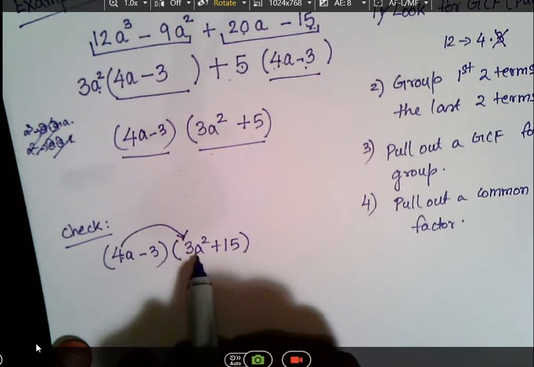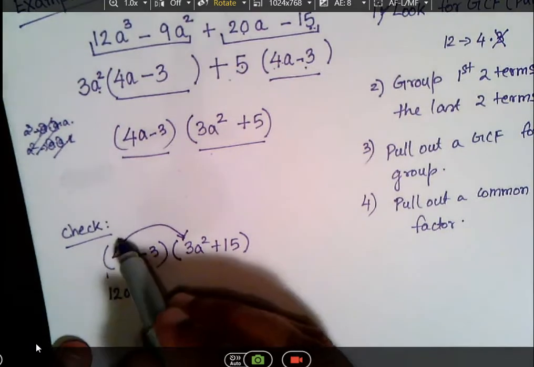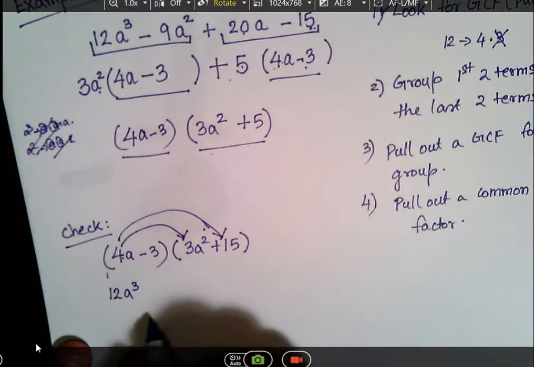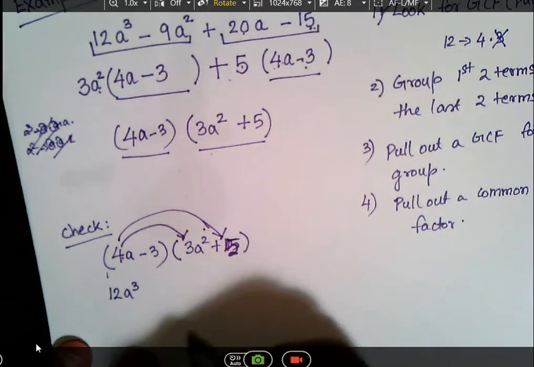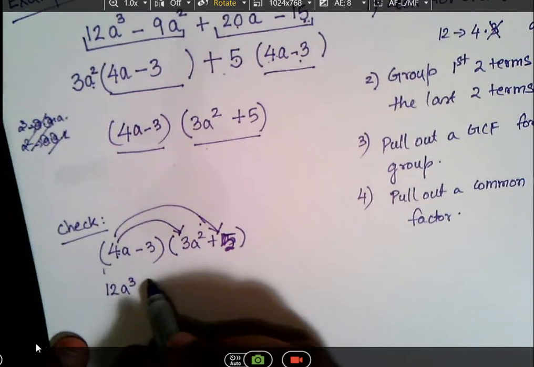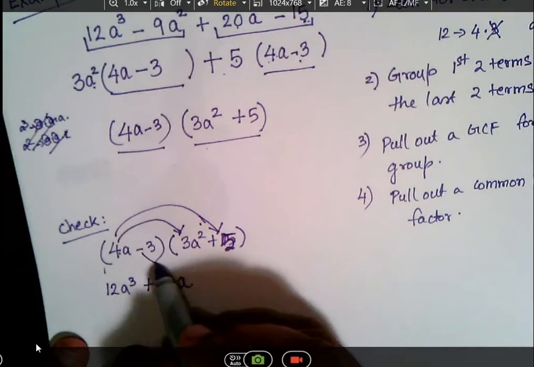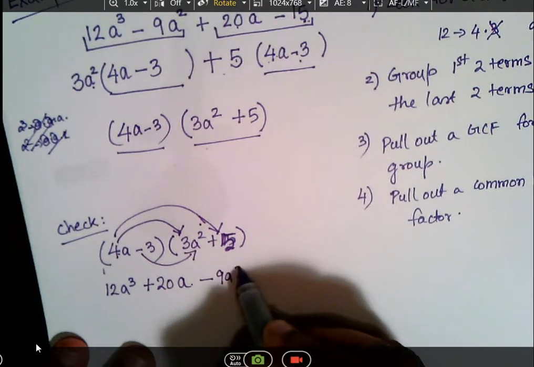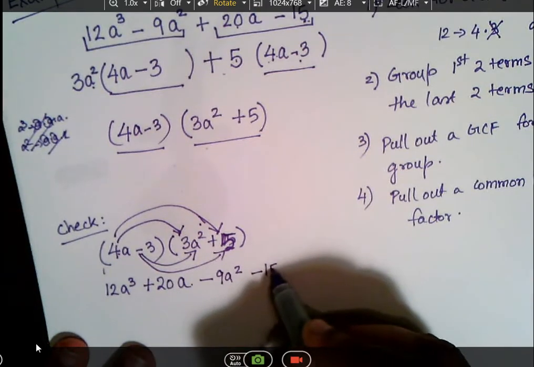4a times 3a squared is a 12a cubed. 4a times 15. Sorry, 4a times 5. My bad. 4a times 5 is a 20a. Now negative 3 times 3a squared is a negative 9a squared. And negative 3 times 5 is a negative 15.